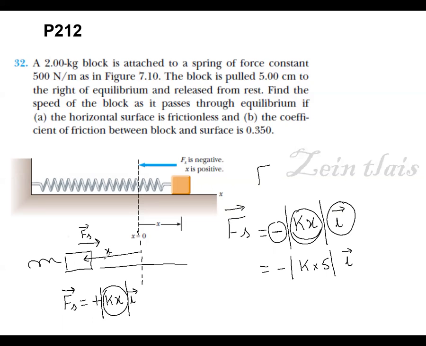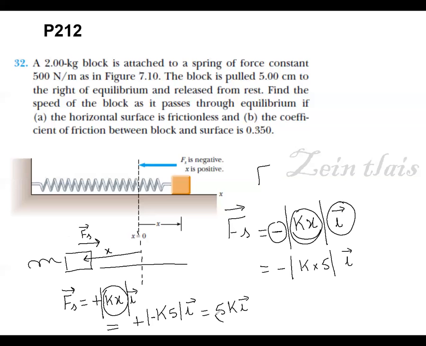In this case, x equals minus 5 if you want, but we have to put its value in absolute value. So we say plus k times minus 5 times i, and because of the absolute value we get 5ki.